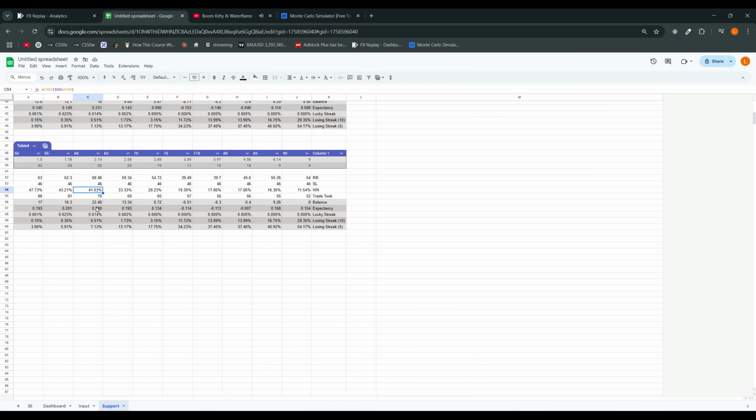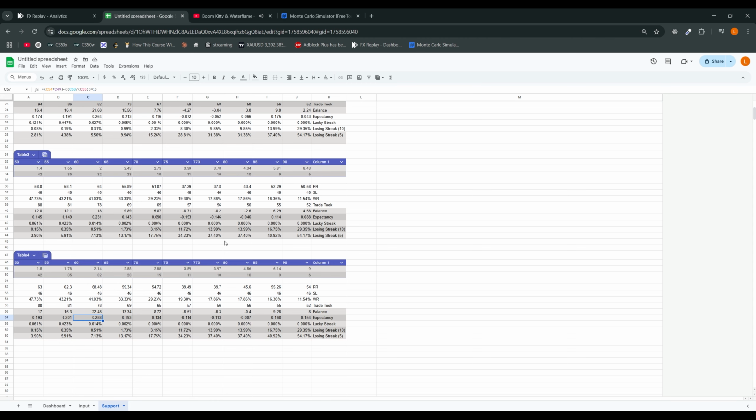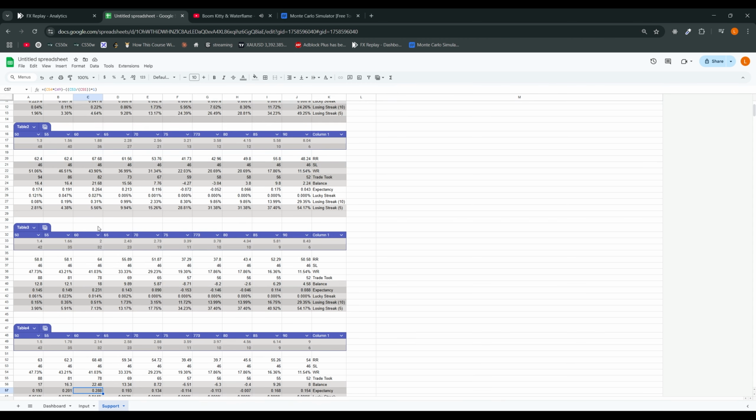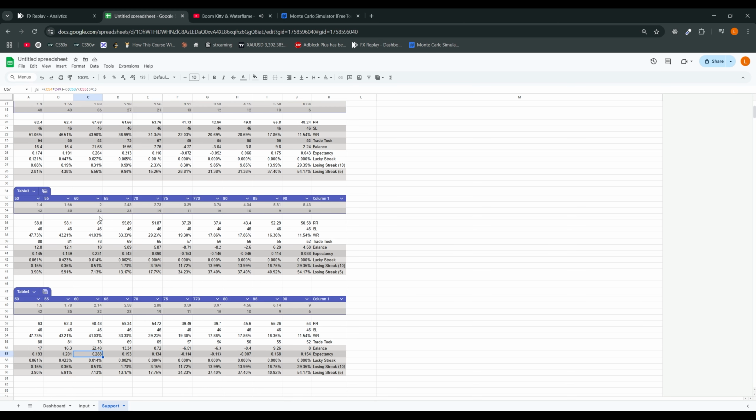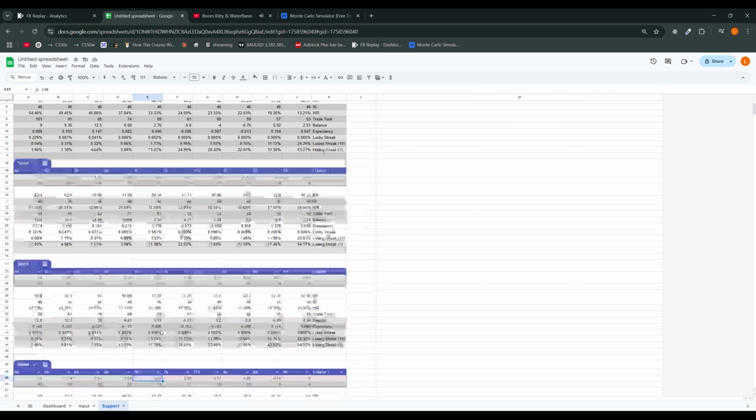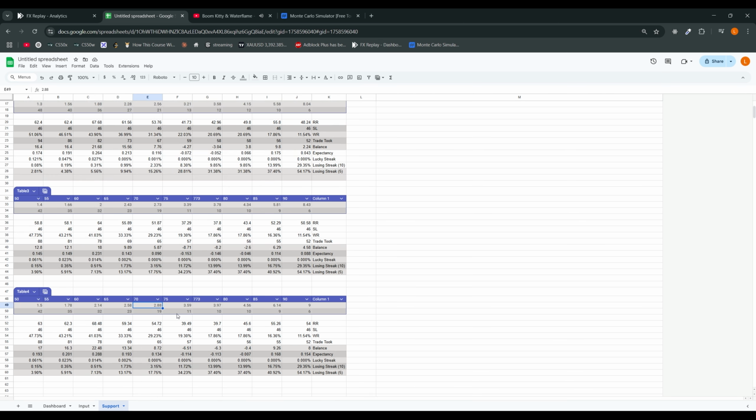This is the highest expectancy I can get, a good mixture of win rate and risk reward. But as the data speaks for itself, I would like a little higher risk reward.